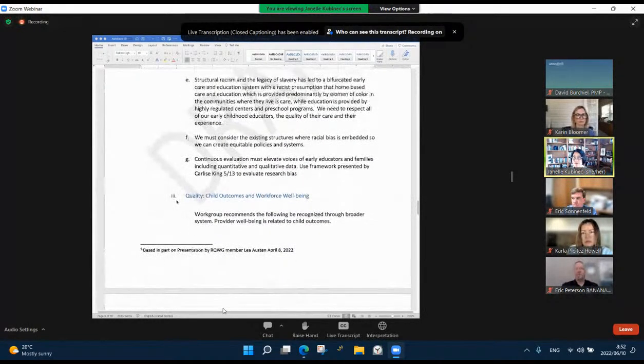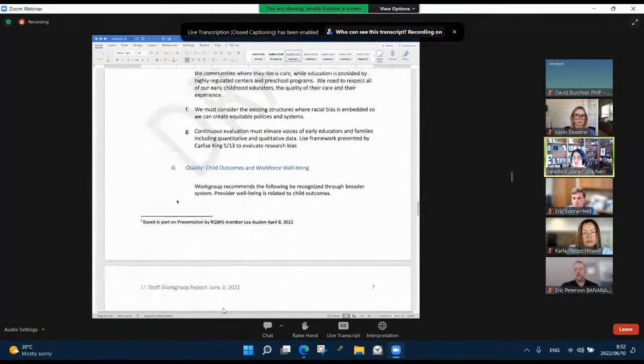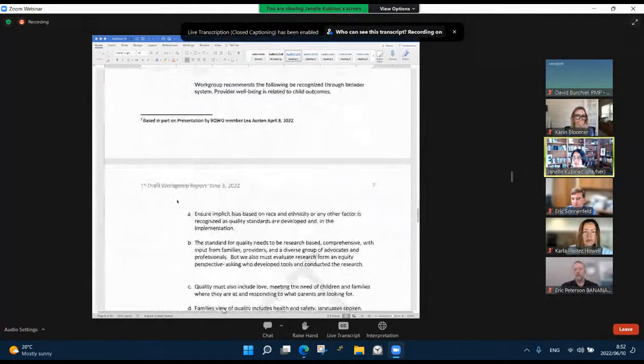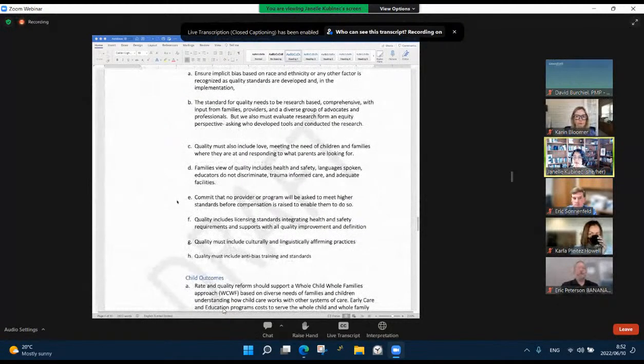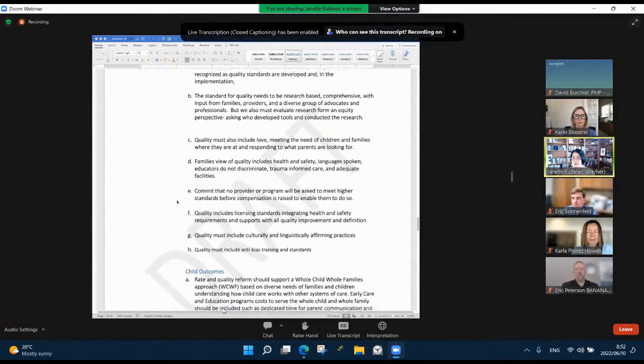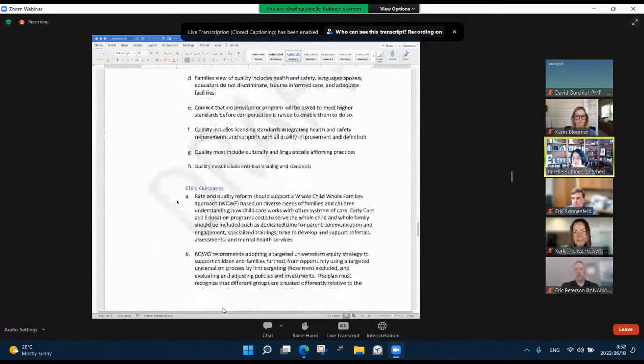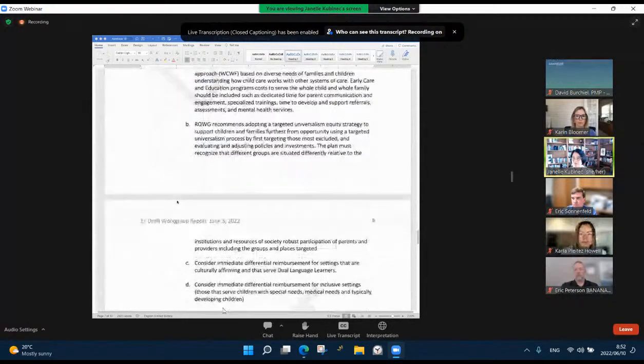We also here have a section on quality, which is both child outcomes and workforce well-being. And you can see a number of things that we have talked about, but also many things that we will continue to talk about this meeting and the next meeting as to what specifically should be called out in those sections.